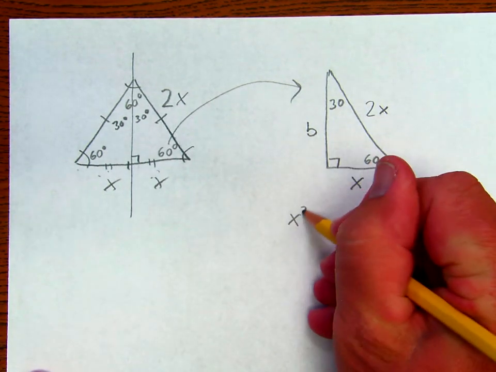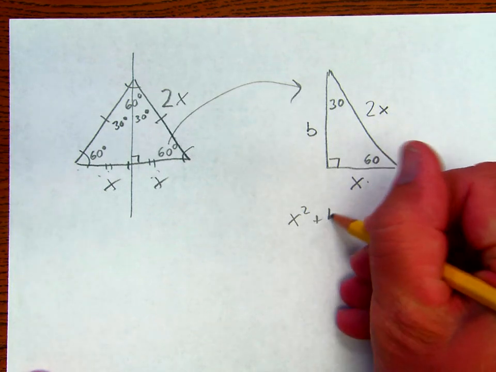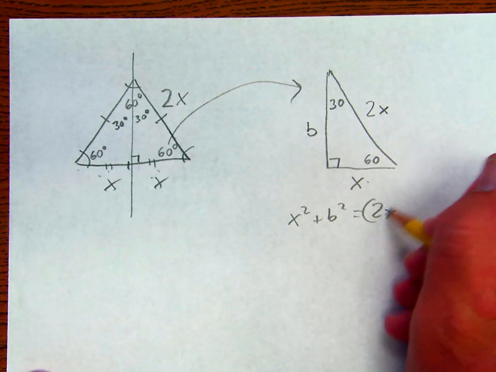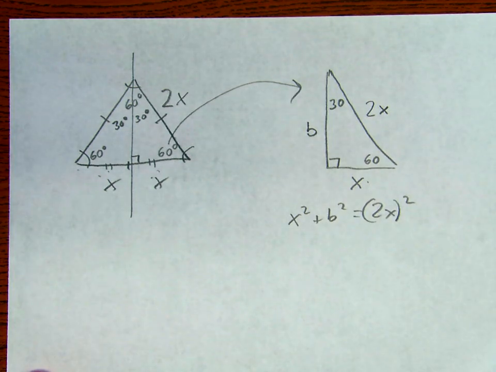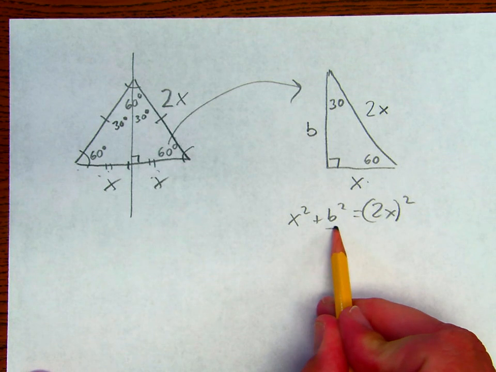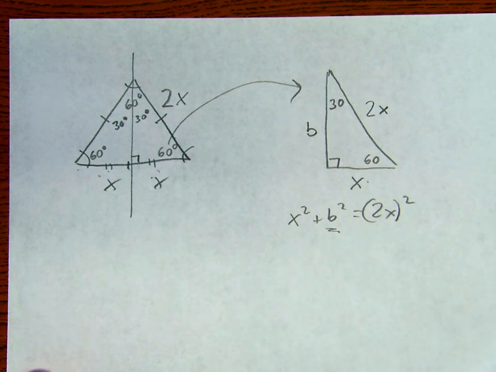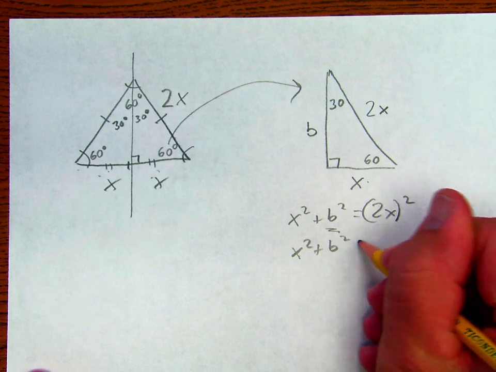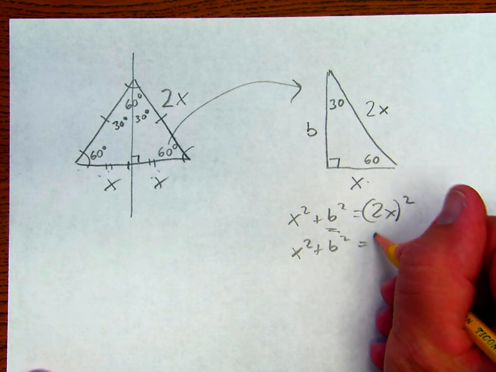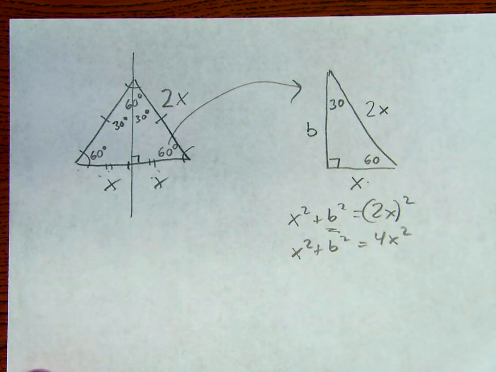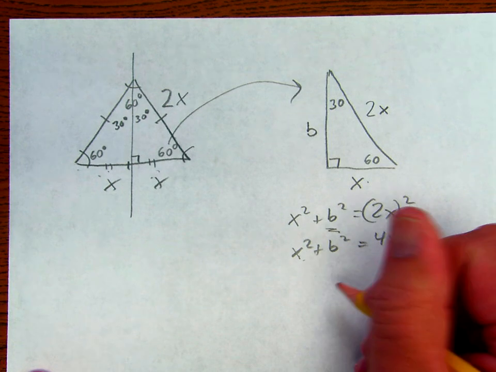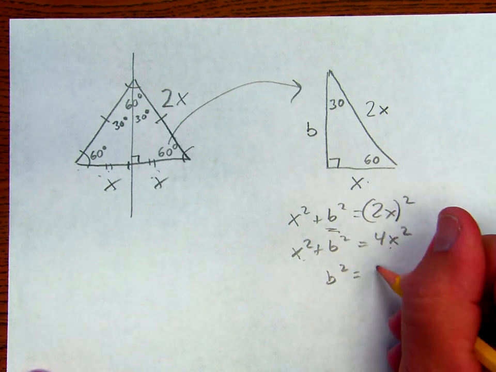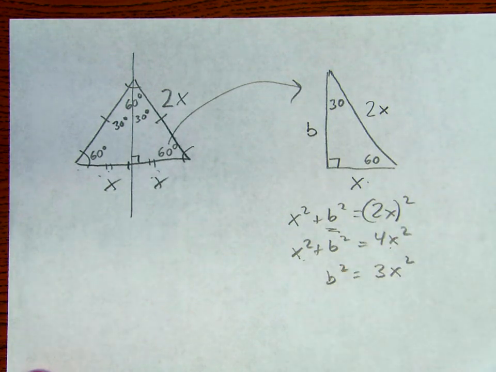So x squared plus b squared equals (2x) squared. Our goal is we want to get an expression for b in terms of x. x squared plus b squared is equal to 4x squared. Get this over here. b squared is equal to 3x squared.